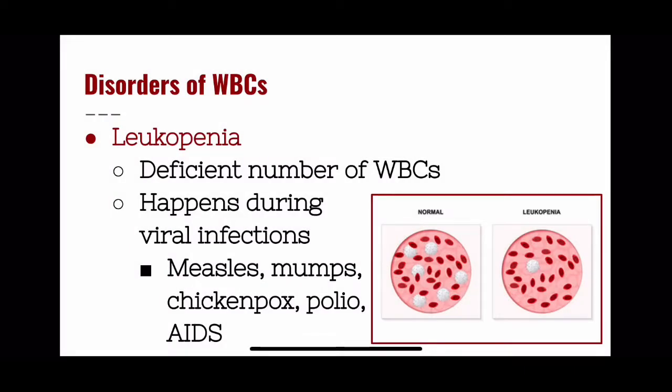The next disorder of white blood cells is leukopenia. The root leuko, again, means white, and the suffix penia means deficiency. So leukopenia means a deficient number of white blood cells. Now remember that white blood cells are in charge of your immune system. They help you to fight off infectious agents like viruses and bacteria. So leukopenia usually occurs when you have some sort of a viral infection, like measles, mumps, chickenpox, polio, AIDS.